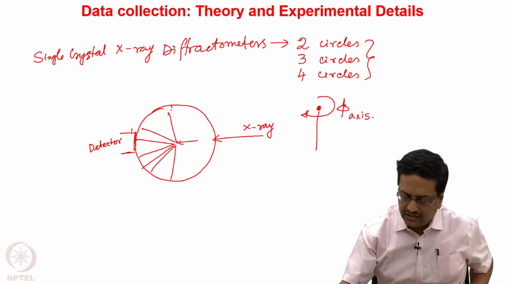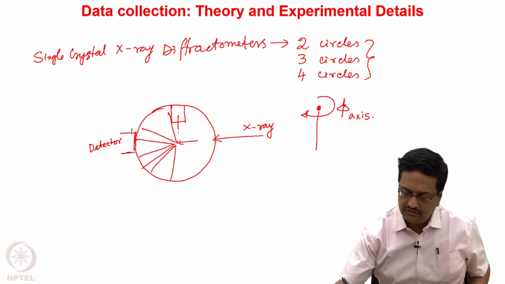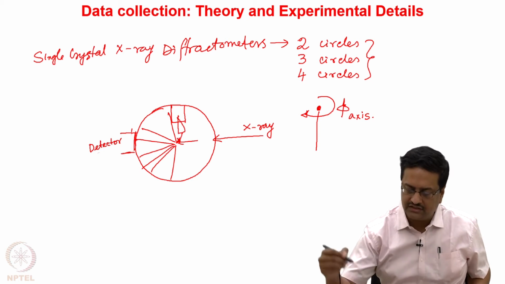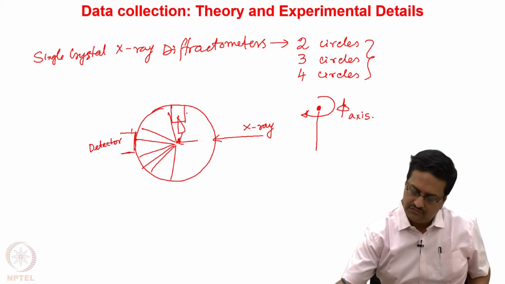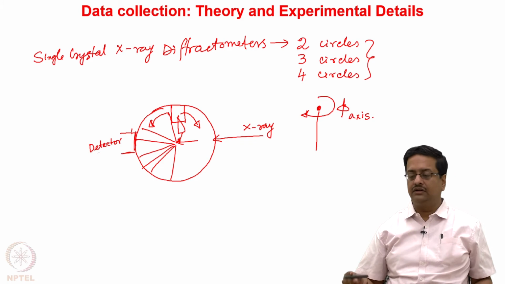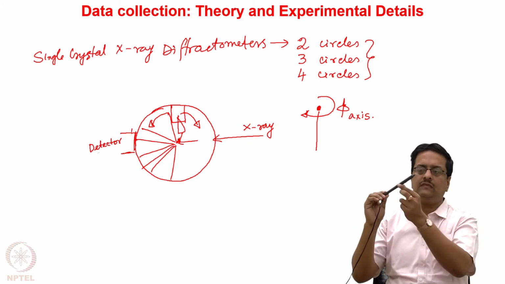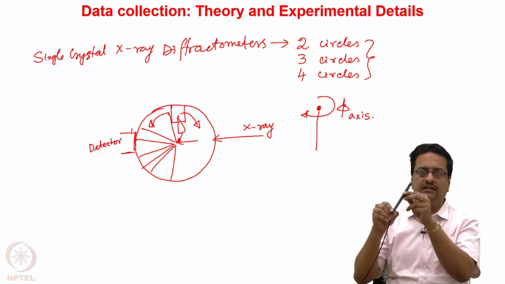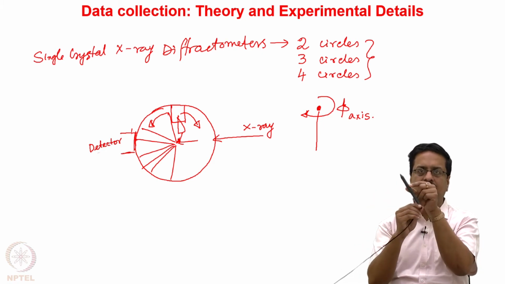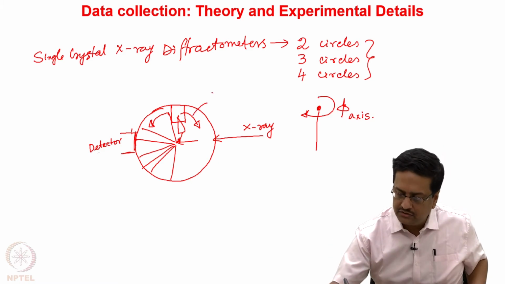If we have that base holding the goniometer head and the crystal, this base can rotate in either direction and rotate the crystal. This base rotation is called the omega axis.